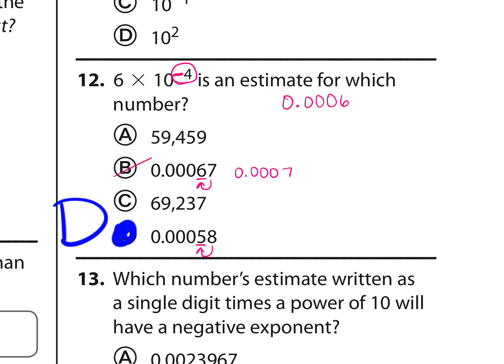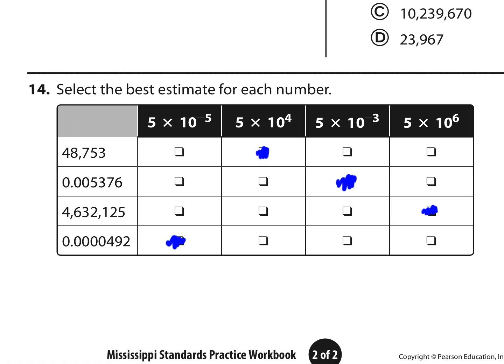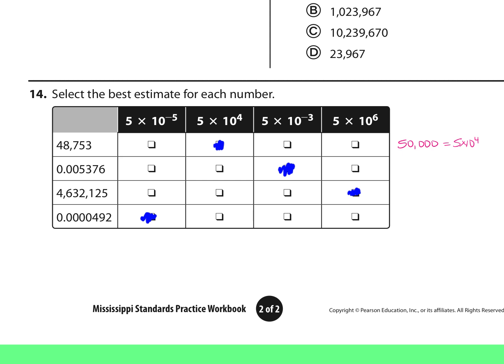Number 14, what's the best estimate for each number? Very similar problem. We could round each of these. Say, okay, that first one is about 50,000, which is 5 times 10 to the 4th power. The next choice is about 0.005 when we round, and that's 5 times 10 to the negative 3rd power.